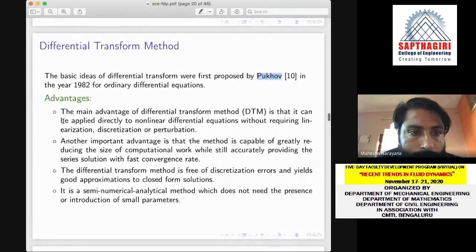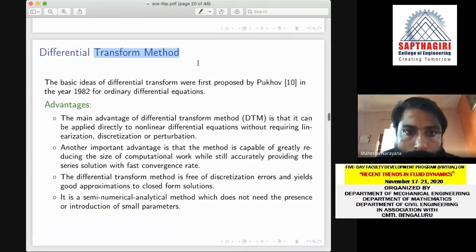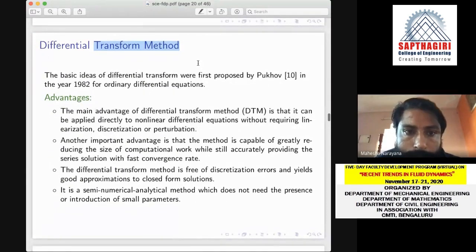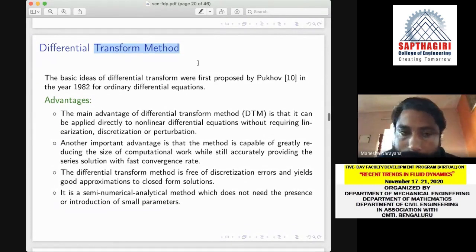Okay, and the differential transform method is one of the transform methods. Many of you who work in the engineering discipline or mathematics department will know the strength of a transform technique. A transform technique always converts a problem which is relatively difficult into a problem which can be handled easily. Any transform method has been devised in such a way that it converts a difficult problem into an easier one.